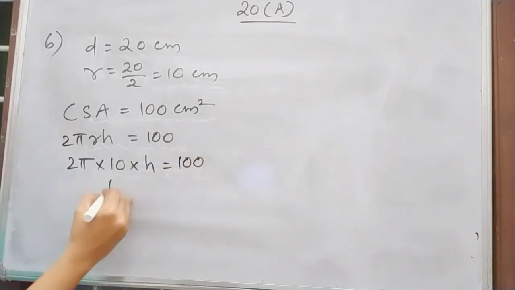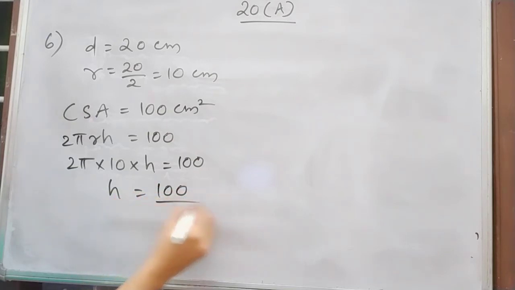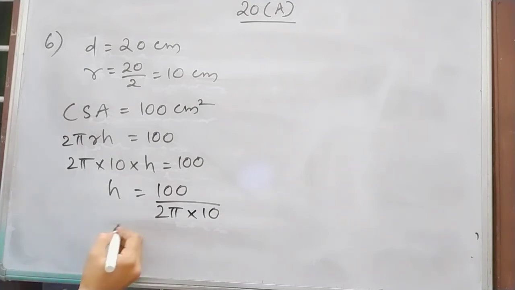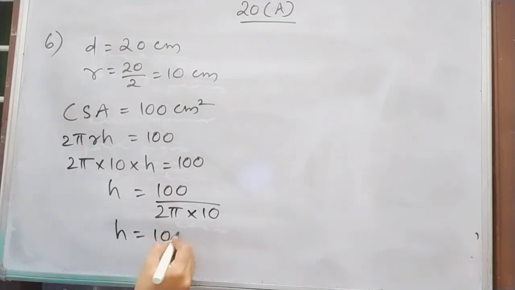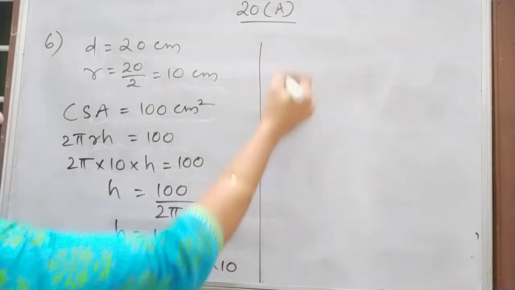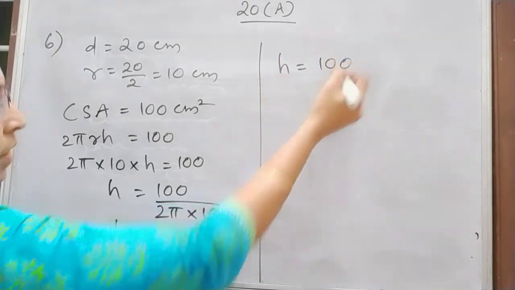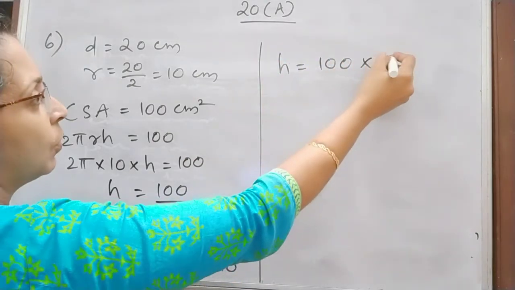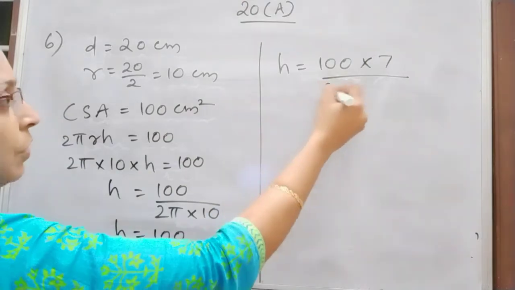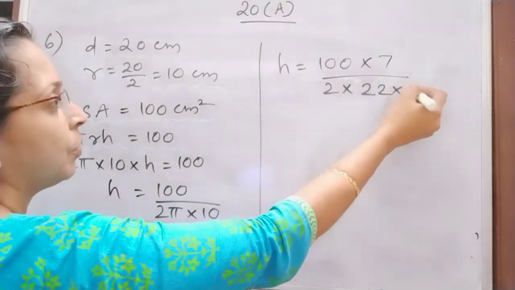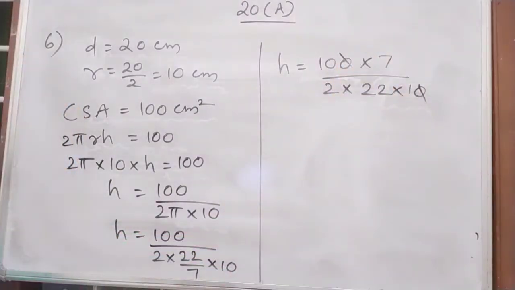So what will be the height of the cylinder? h is equal to 100 divided by 2 pi into 10. So h is equal to 100 divided by 2 into 22 by 7 into 10. That is, h is equal to 100, that denominator 7 will go up, that is into 22 into 10. So 0, 0 cancel.